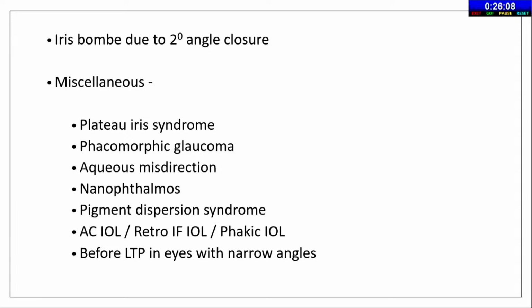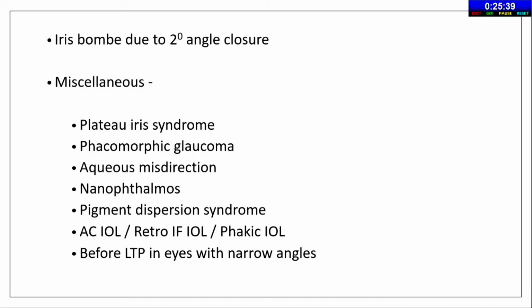And there are miscellaneous conditions when PI is not the ultimate definitive treatment, but it has to be done to control the pupillary block component. For example, in plateau iris syndrome, the first treatment you do is a PI, so that you remove the pupillary block component. And then what remains, if still the IOP is not under control and the angles are not opening, then you may go for iridoplasty or put the patient on pilocarpine, or may go for other medical treatment or surgery.